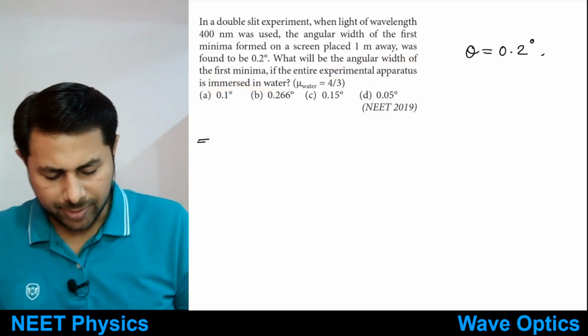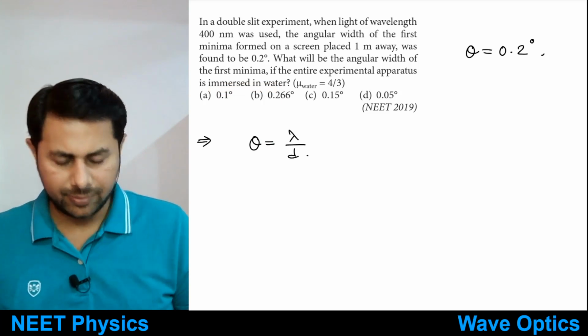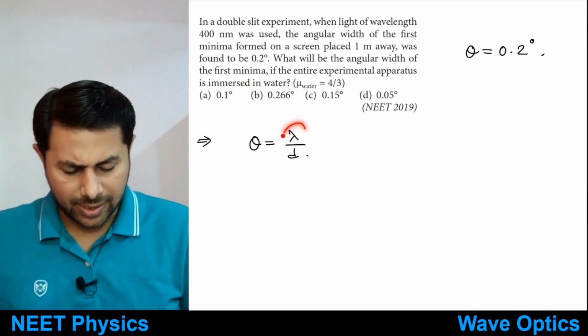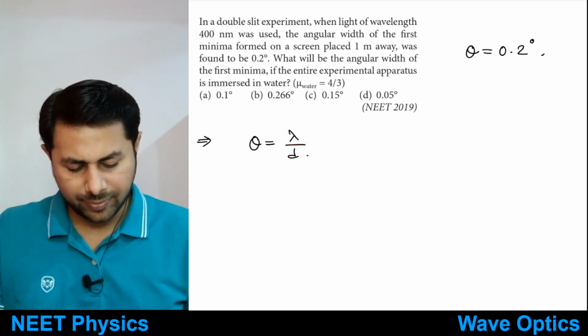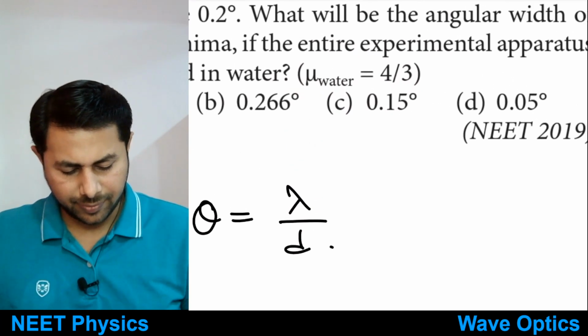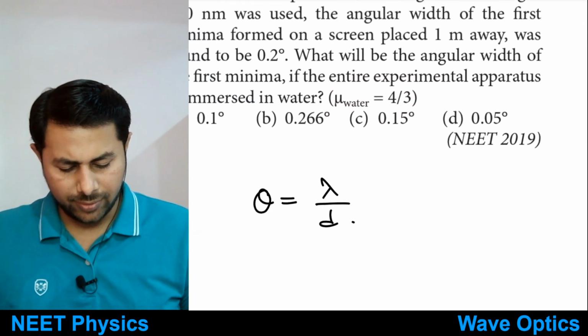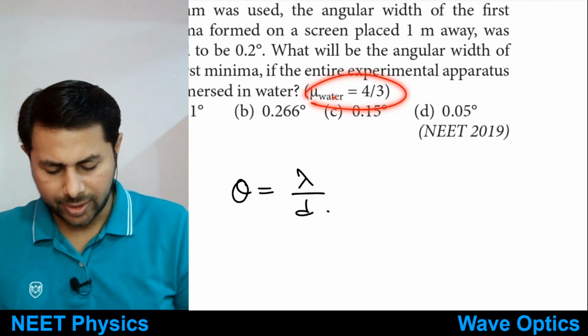Right, so this is very simple. We know theta is equal to lambda by d. So theta is just directly proportional to lambda. Okay, and it's given that refractive index of water is 4/3.